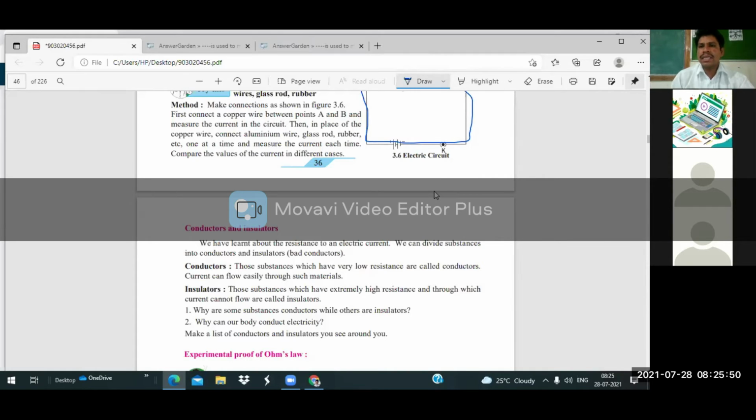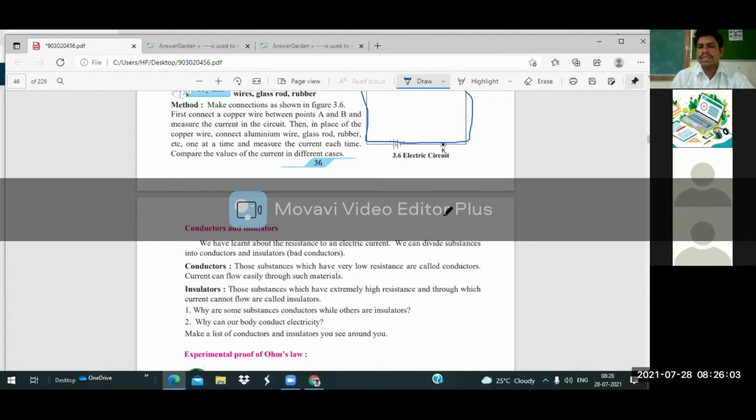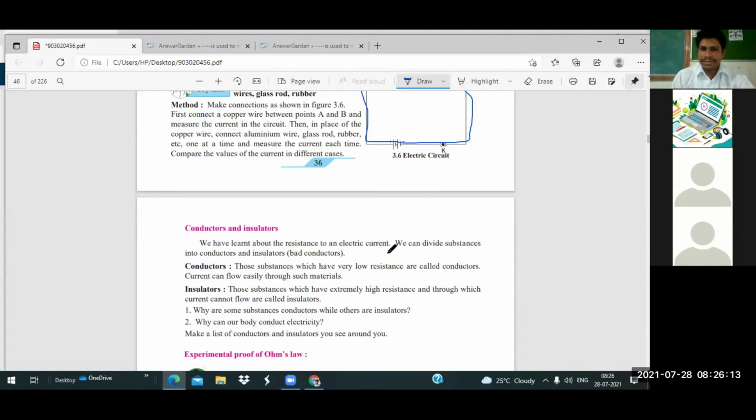If high resistance is there, then very little current will flow. So substances having low resistance are good conductors of heat and electricity, and those having high resistance are insulators of current, meaning they don't allow current to pass through.